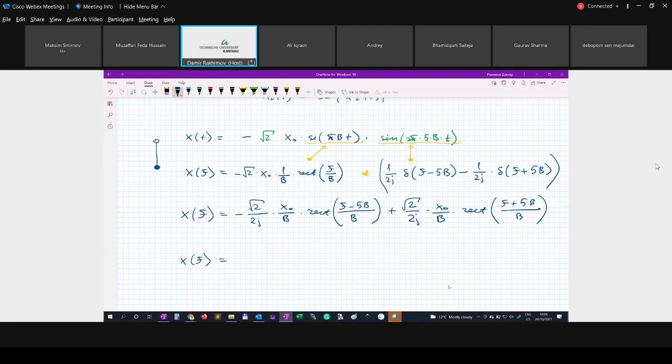We have j divided by square root of 2 times x0 divided by b times the rectangular pulse f minus 5b divided by capital B, and then minus j over square root of 2 times x0 divided by capital B, rectangular pulse f plus 5b divided by capital B.